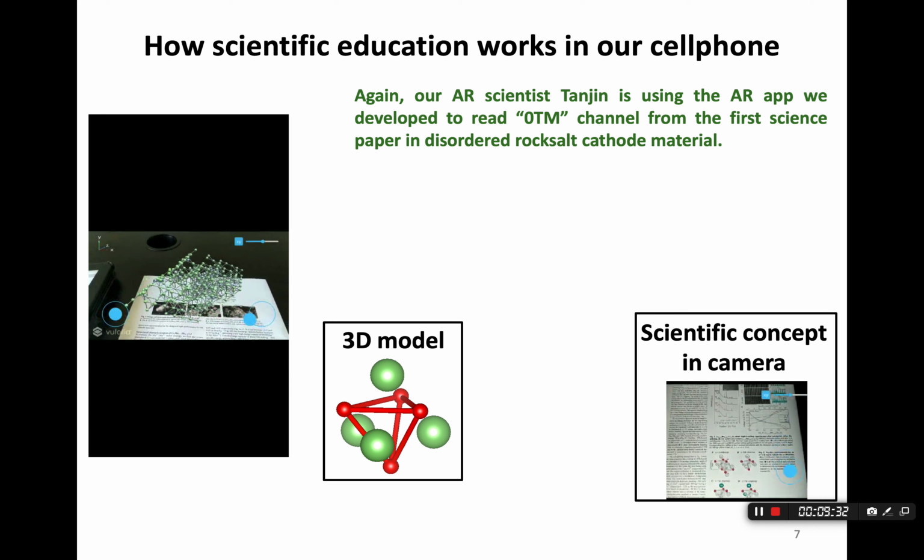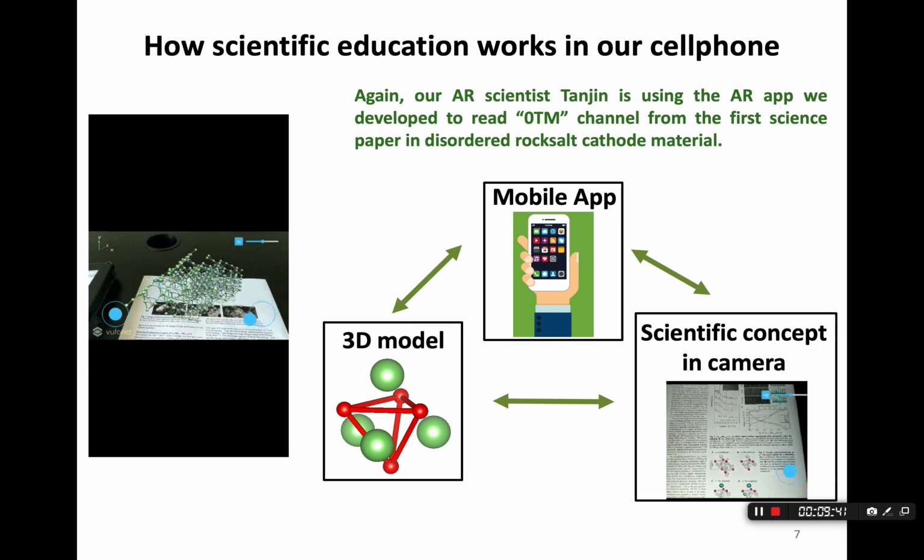That can be a picture on a paper, or a picture on top of a screen. Then we design a mobile app that everyone can install on their iPad, iPhone, or any kind of smartphone. So whenever you put a camera onto this scientific image, we can learn what exactly happens in the three-dimensional world.